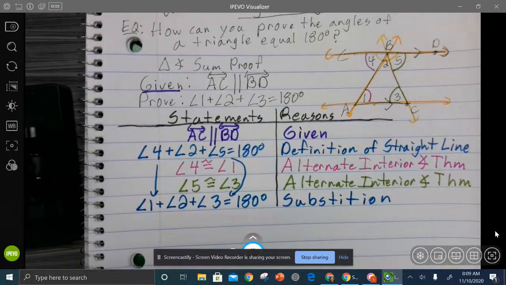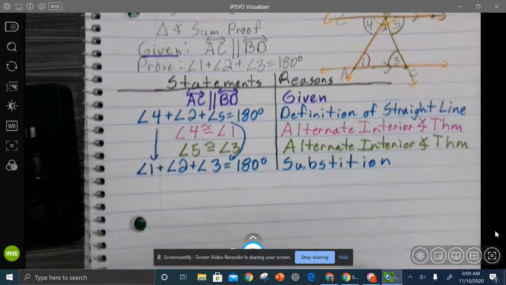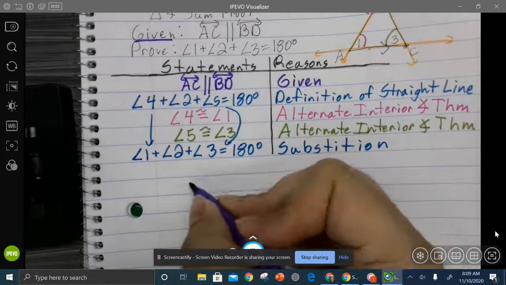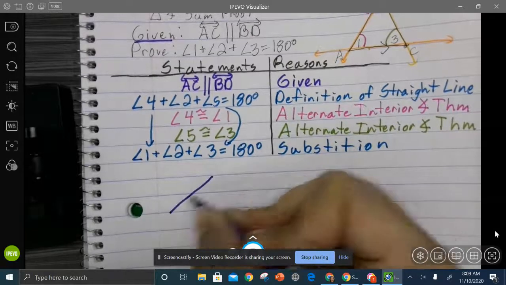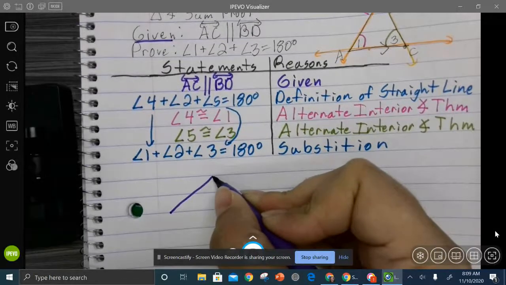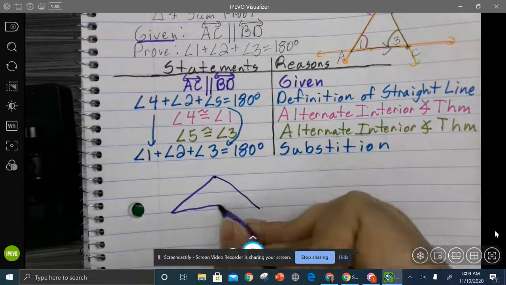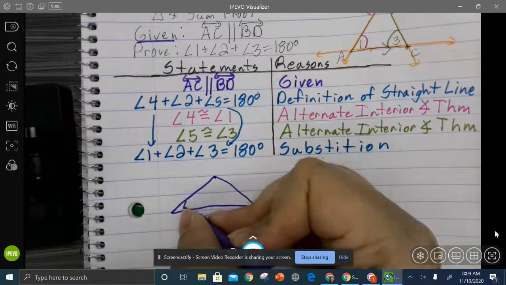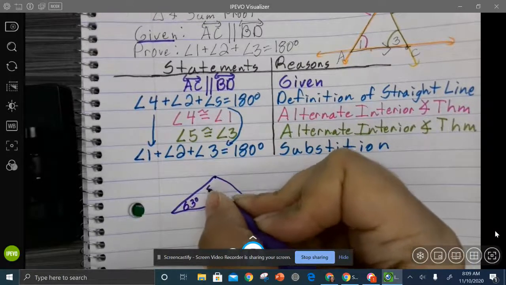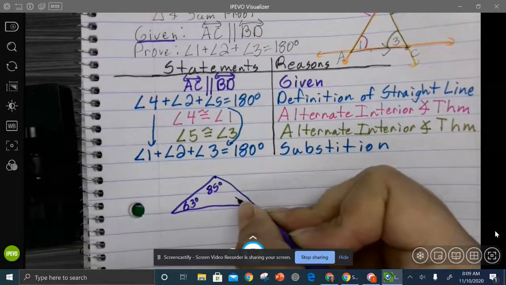Okay, let's go over a couple examples. Draw triangles. Okay, not to scale, by the way, everybody. So 63, 85, and x.